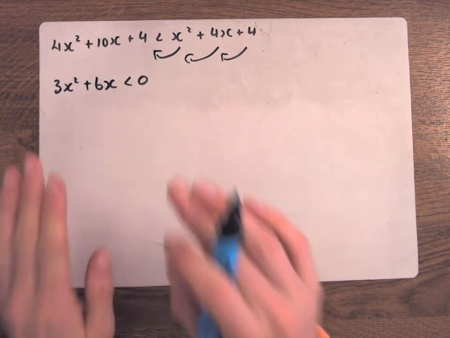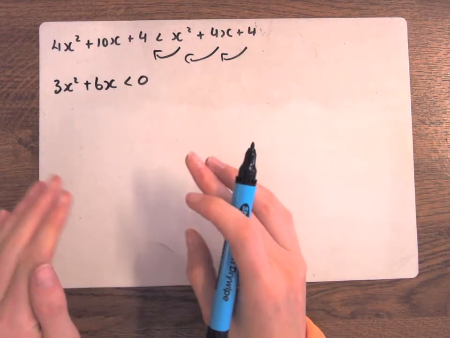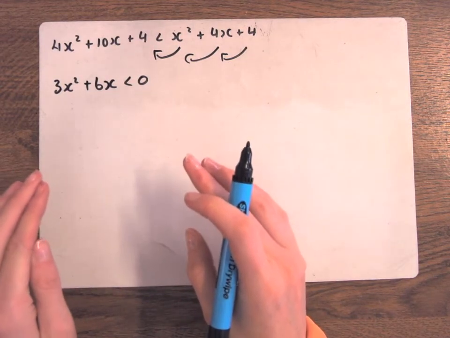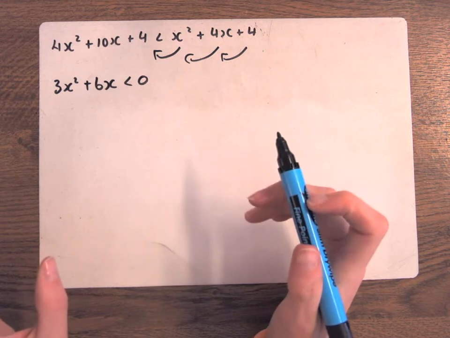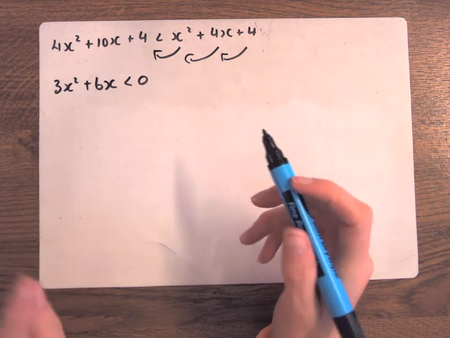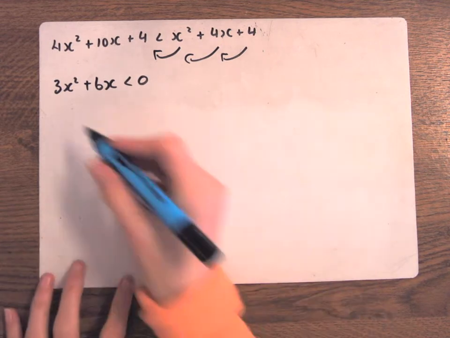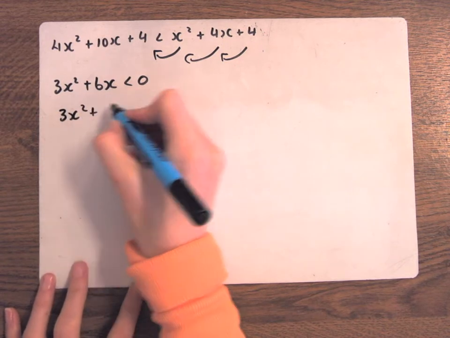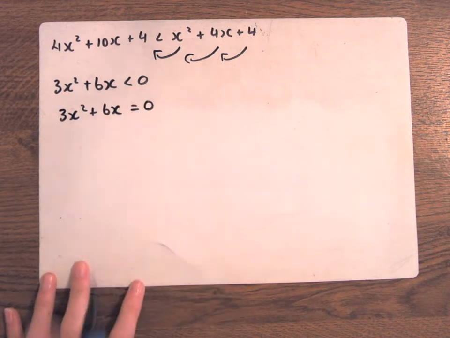Okay, I have a quadratic here. I'm going to solve it equal to 0. Do your steps. First step is solve it equal to 0. So 3x squared plus 6x equals 0.